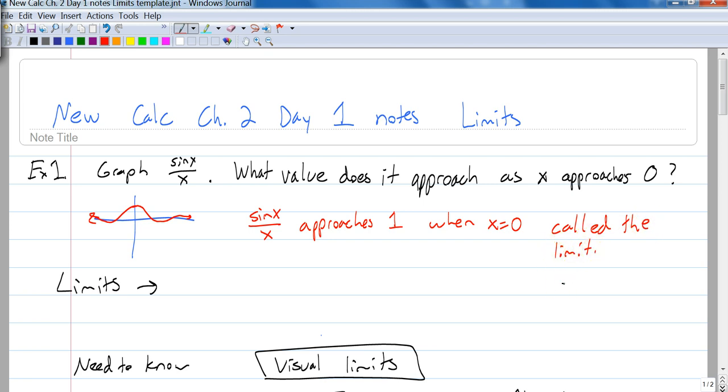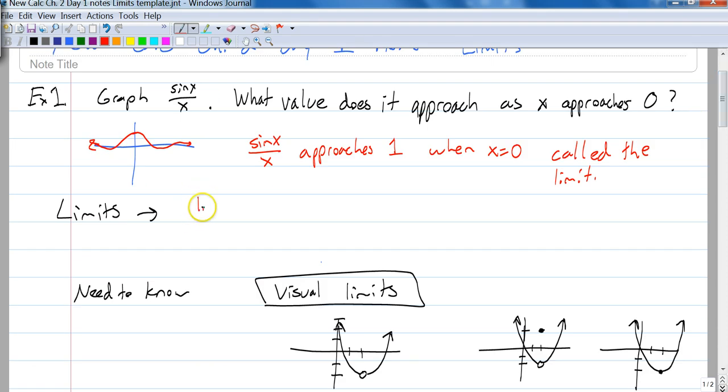Okay, so the notation for limits you'll see in your book like this. You'll see LIM, which stands for limit, as x goes to some value of a function, and then that'll equal the limit.